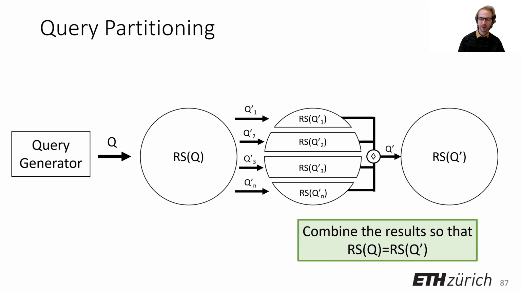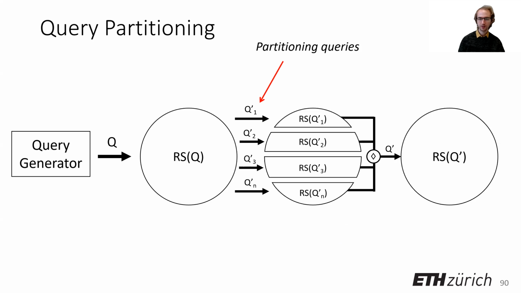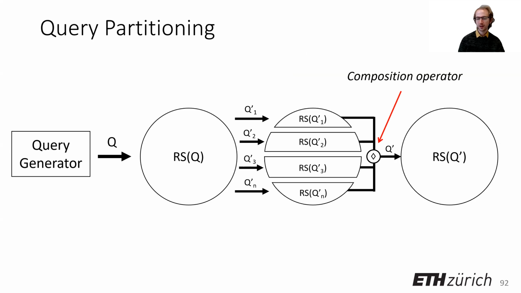And the assumption is that this result set is the same as the original query's. If they are, then everything seems to work correctly, and otherwise we have found a bug in the system. So for terminology, these queries that we derive from the original query are called the partitioning queries, each of which computes a partition. And this diamond operator here is called the composition operator, which combines or composes the partitions to obtain the new result set.